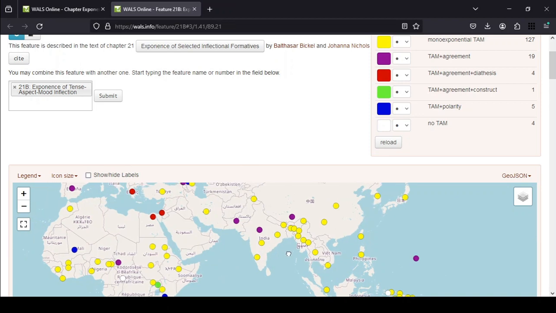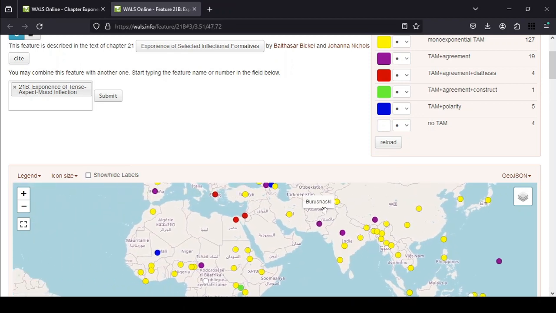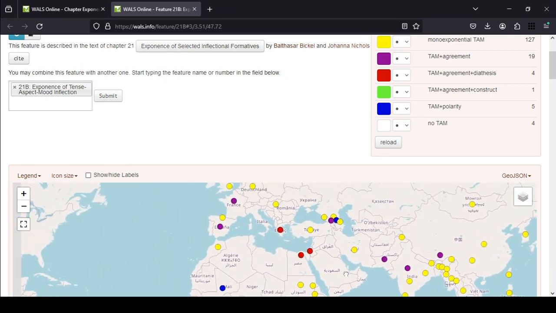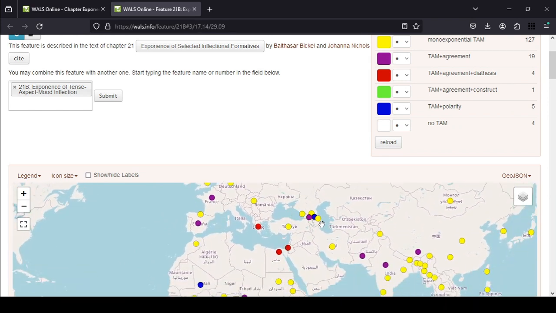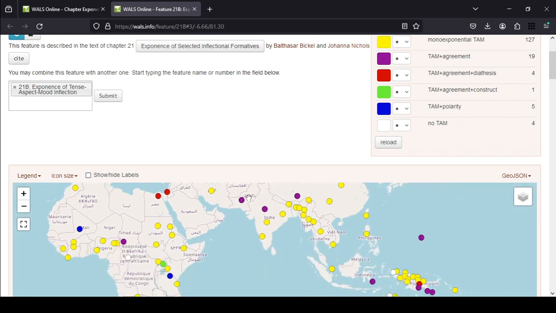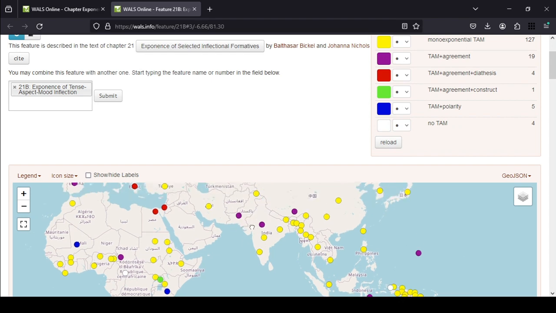So it looks like if something's going to be co-exponential, it's going to be TAM and agreement, which I think makes sense. We can see some in Europe, some in, I believe, the Caucasus. We've got like 3 in India. That's crazy. Or this isn't India, this is China. This is Tibetan. This is, I don't know what country that is.